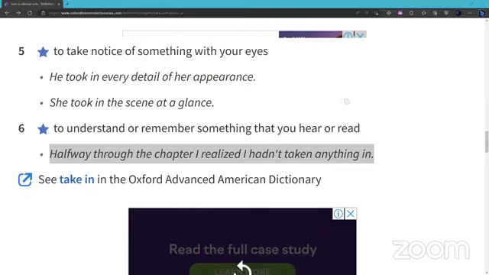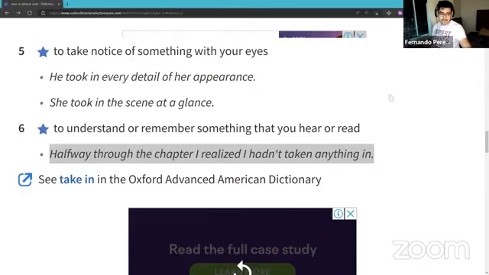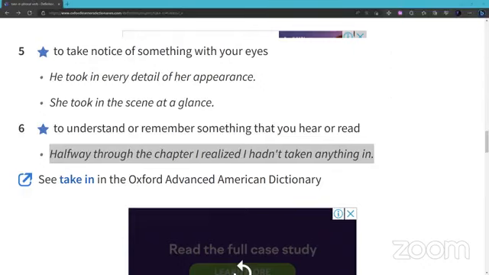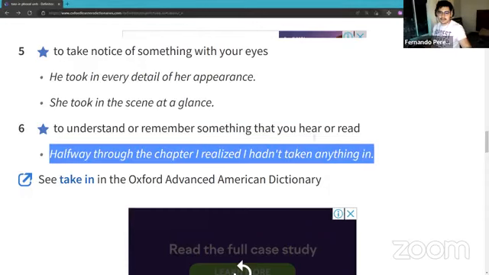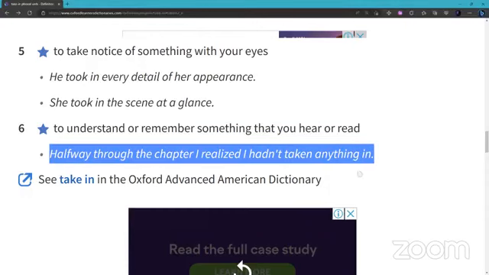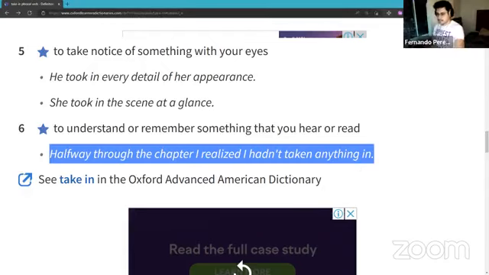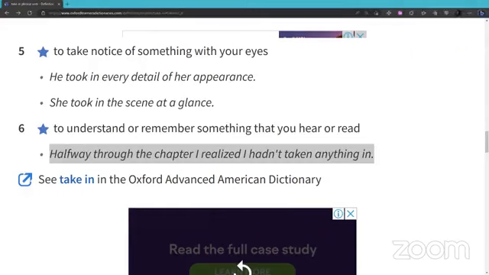Halfway through the chapter, I realized I hadn't taken in.